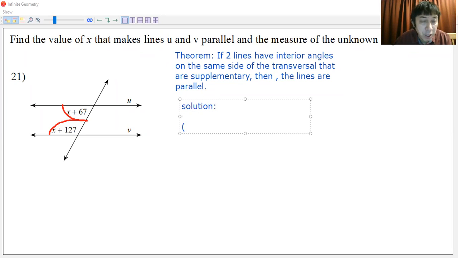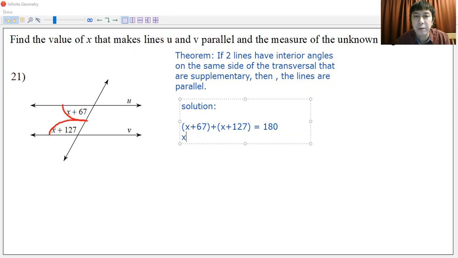We have the first angle x plus 67, and this is added to x plus 127. When these two angles are added, the sum should be 180 degrees. So we solve for x first.